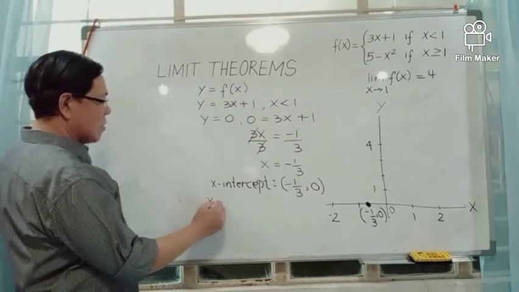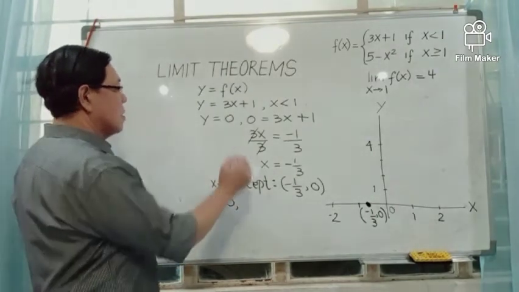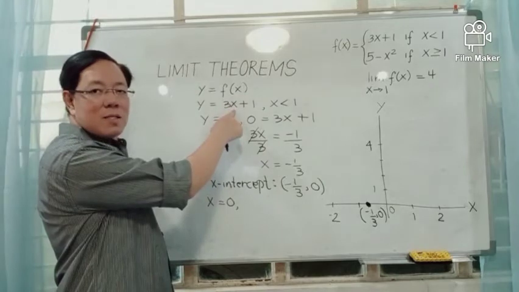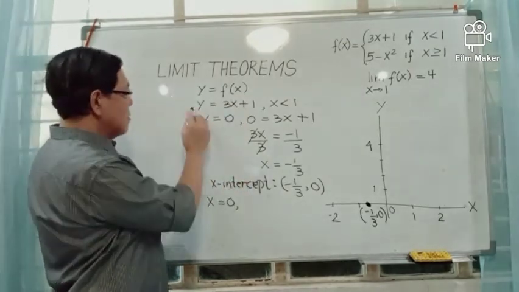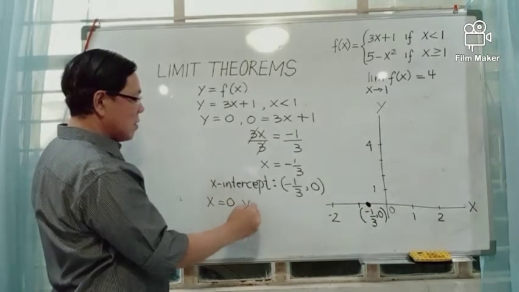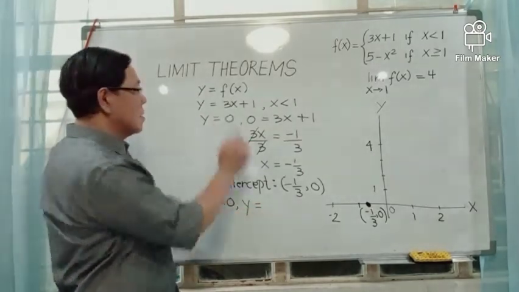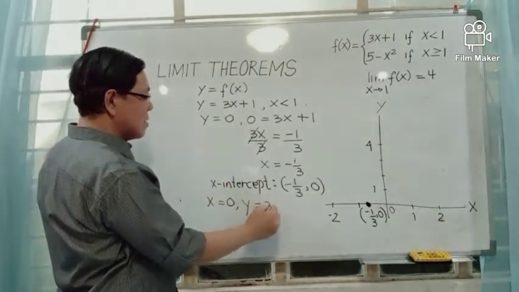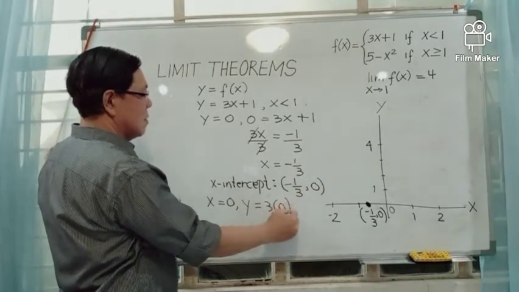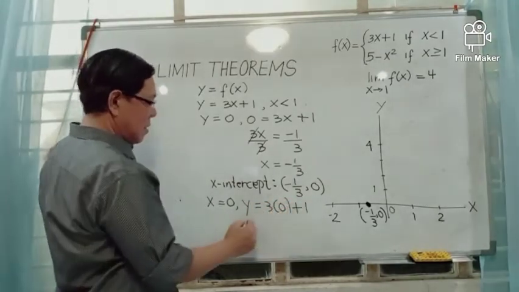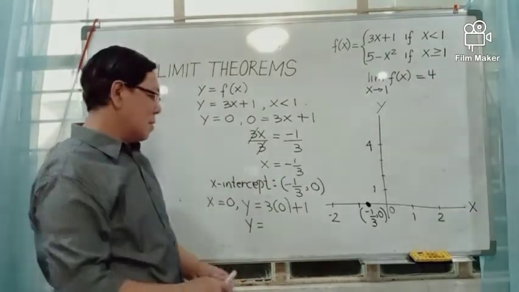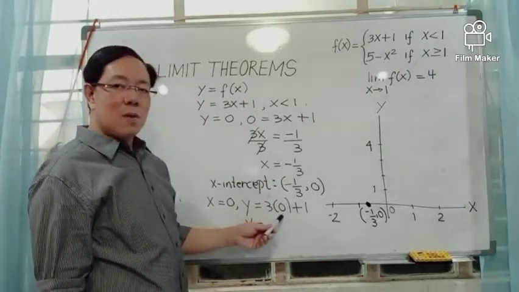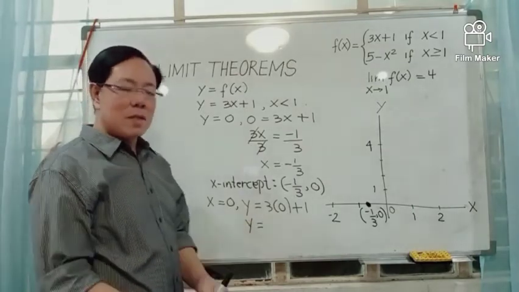When x equals 0, replace x with 0 in this linear equation. We get y equals 3 multiplied by 0 plus 1. And y is equal to 3 times 0 is 0, plus 1 is 1.